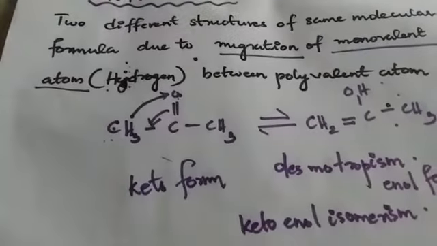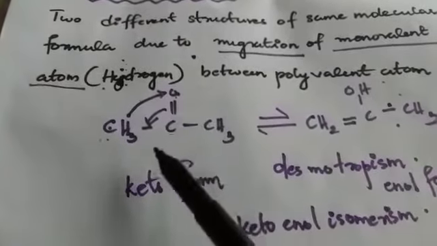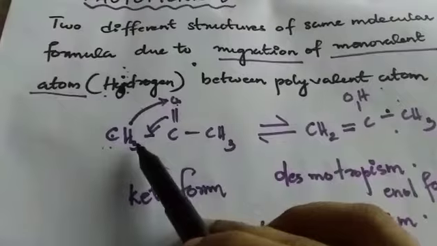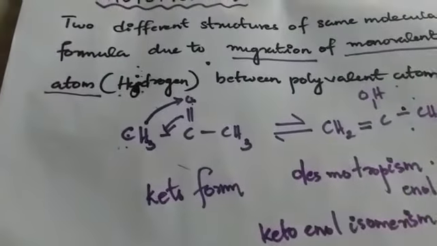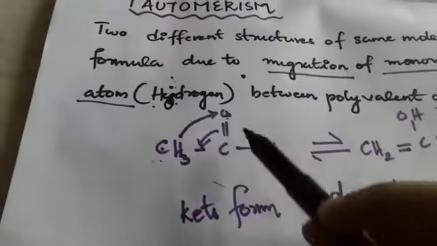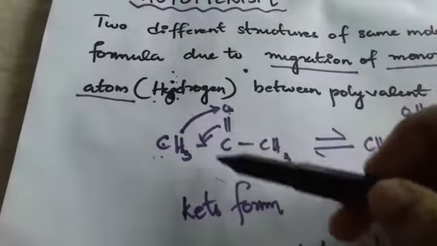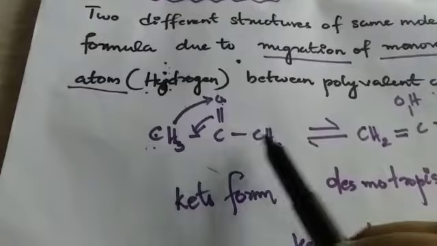Tautomerism takes place in compounds having a carbonyl group with alpha hydrogen. So what is alpha hydrogen? This C double bond O is the carbonyl group, so this is a carbonyl compound.